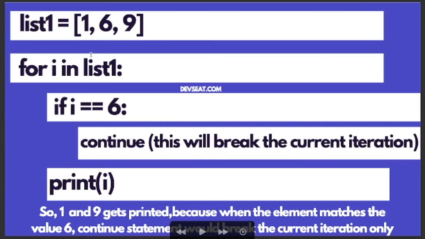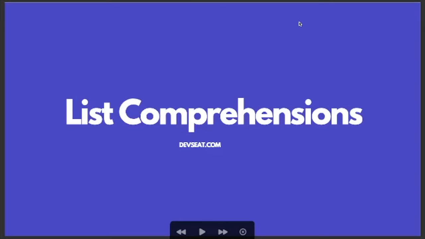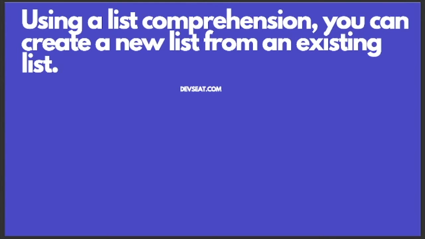Okay, so that is all about the continue statement. Now we will talk about list comprehensions. List comprehensions can be used if you want to create a new list from an existing list. I mean, you have a list and you want to create another list from the existing list.